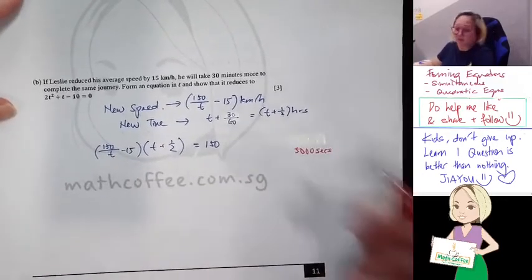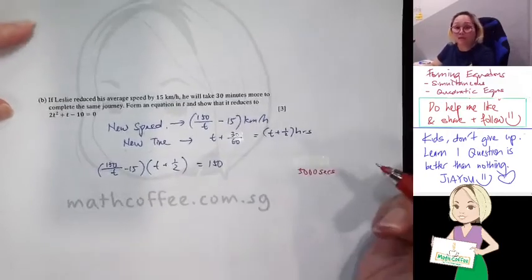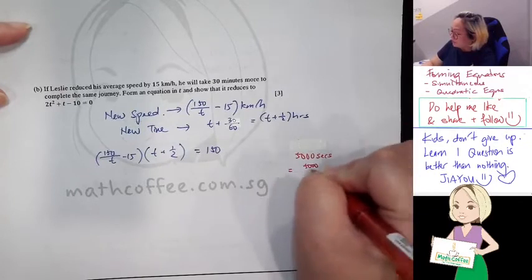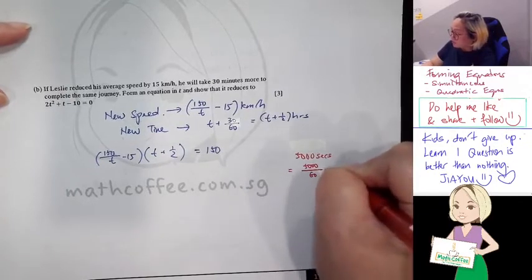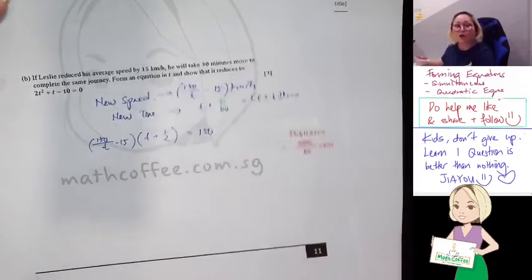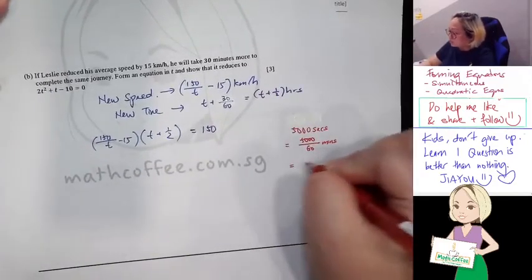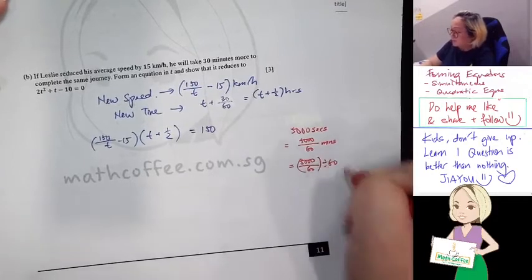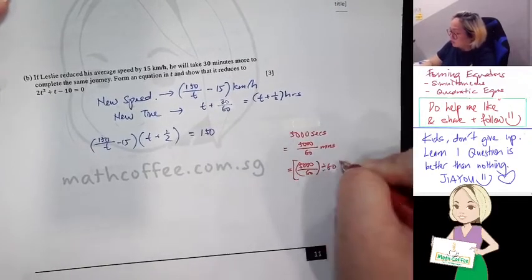Step by step, because we know 1 minute is 60 seconds, right? So I change it to minutes first. So you do 5,000 divided by 60. This is changing it to minutes. Again, 1 hour has 60 minutes. Then you want to change to hours, so divide by 60 again. So this 5,000 over 60, you divide by 60 again, and that will give you the answer in terms of hours.